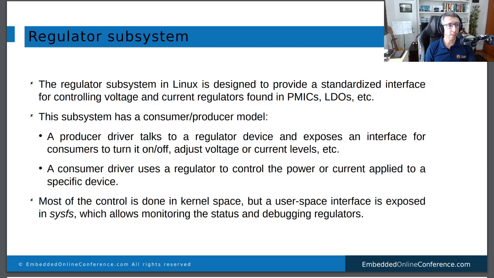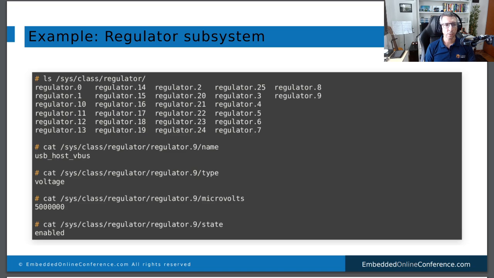And as a consequence, you can save power, right? Because if you remove current from a device, you save power. So that's another technique that you can use. This is mostly used by drivers. In user space, you have an interface that you can use to collect information about regulators.